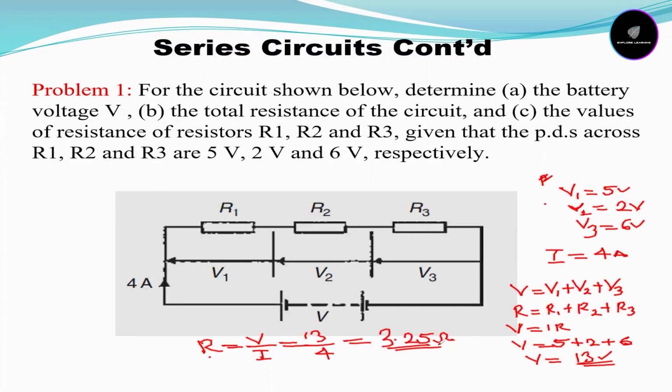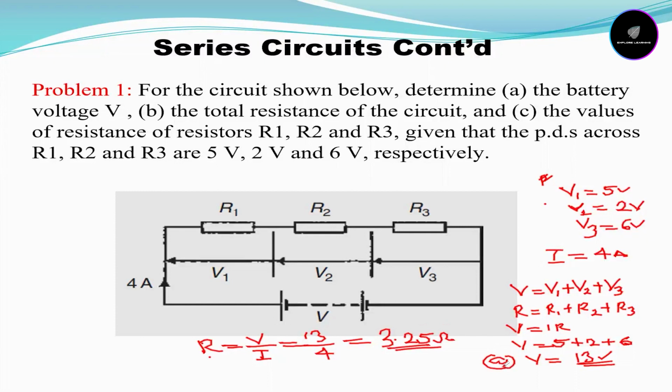Okay? Since we've gotten this, the next thing we need to do is to determine R1. Because A says we have determined A, which is the voltage of the battery, which is 13 volts.